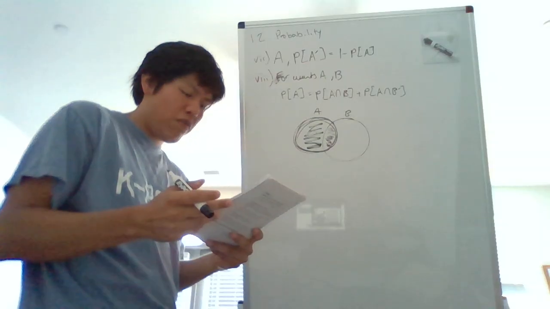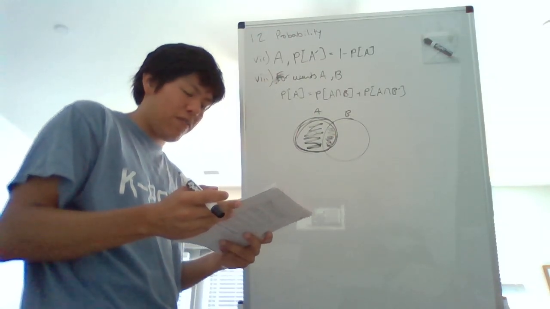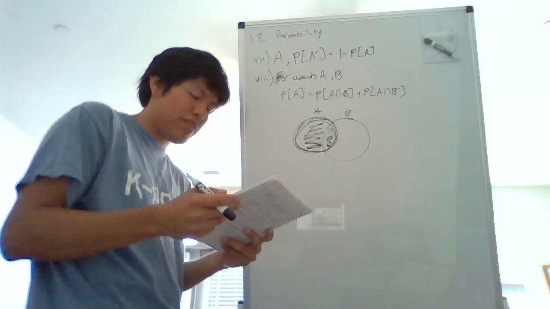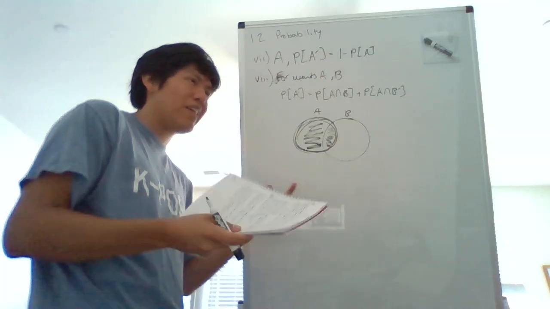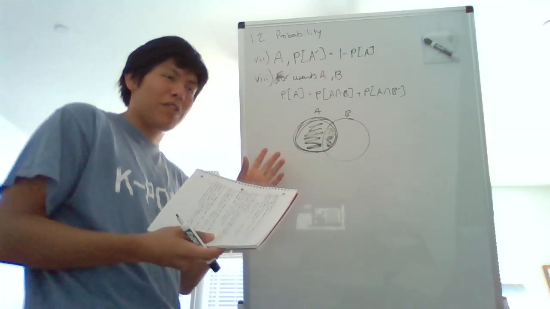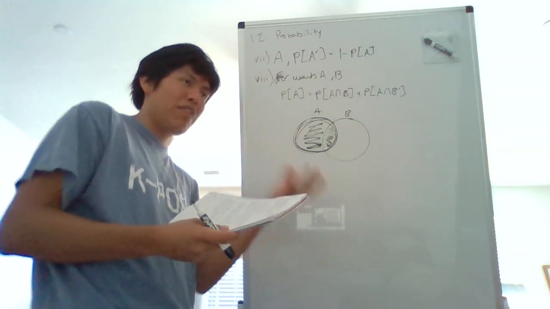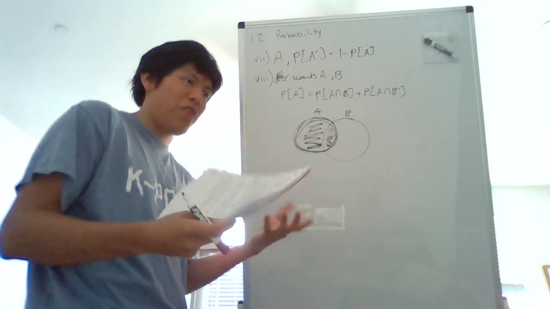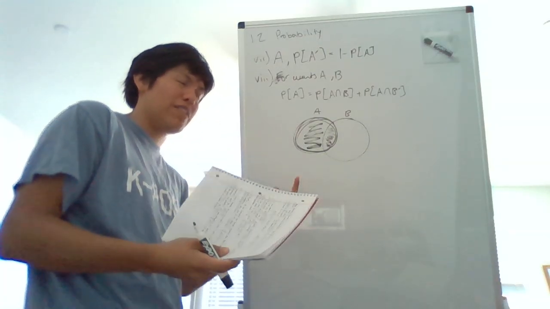If P is a uniform probability function on a space with k points, and if event A consists of m points, then the probability of A is equal to m over k. That's just the uniform probability thing that I was explaining with the 6-sided die. Every face has the same probability of landing. So if you have an 8-sided die, then every face has a 1 over 8 chance of happening.